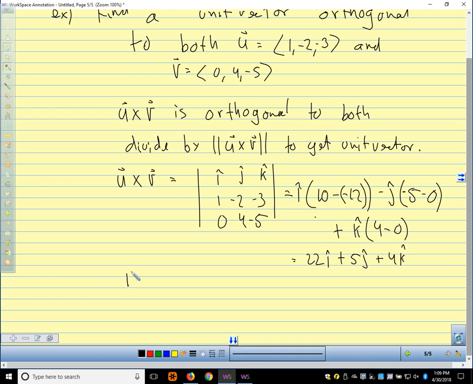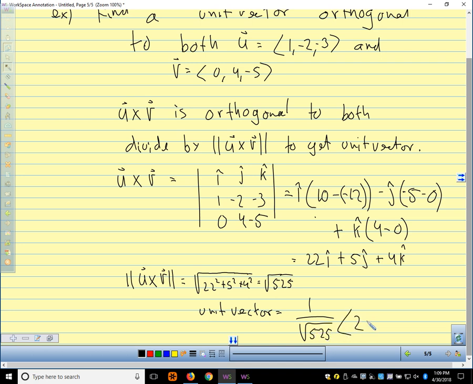The magnitude of u cross v is the square root of 22 squared plus 5 squared plus 4 squared, which is the square root of 525. So our unit vector is 1 over the square root of 525 times the vector 22, 5, 4.